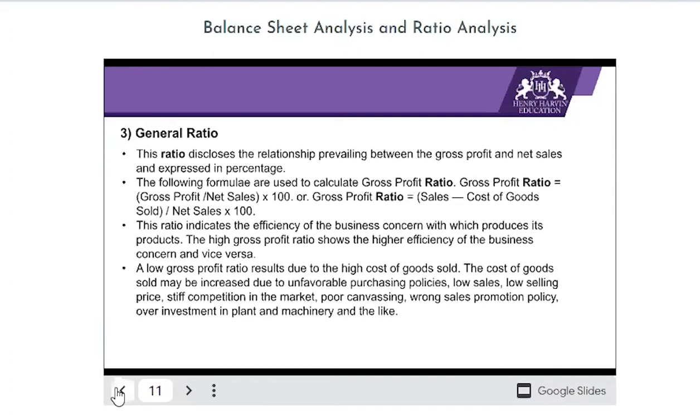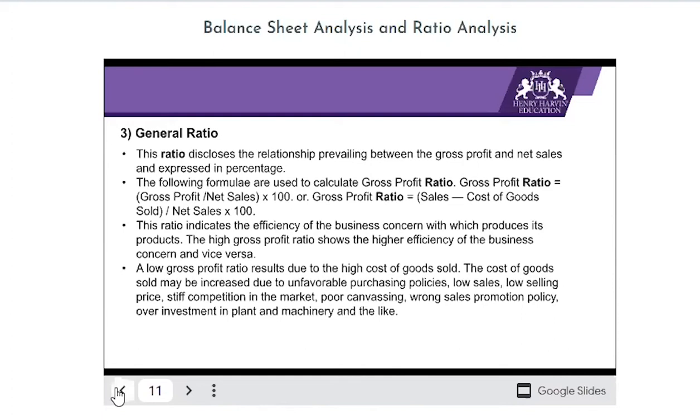What's my gross profit? 10. 10 divided by 20 into 100, 50% margin, right? So what is it? Gross profit divided by net sales into 100.